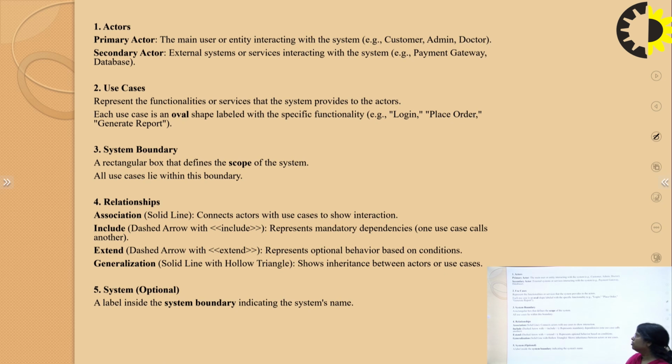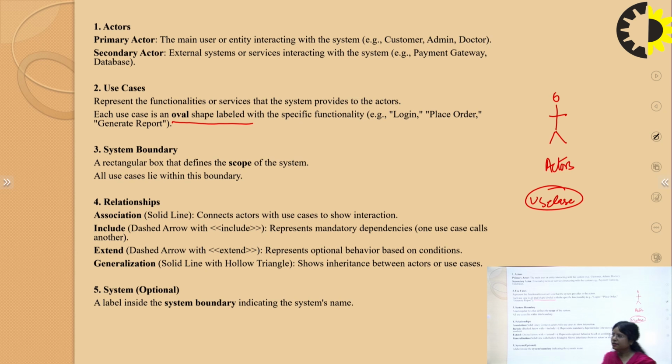So, in a UML diagram, we use the oval shape to represent the use cases, and these actors are represented by some symbol like this. With this symbol we represent the actors, and the oval shape represents the use case.